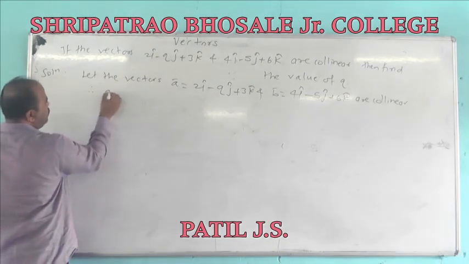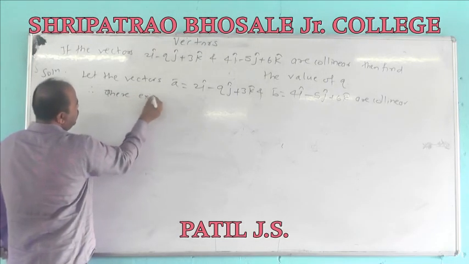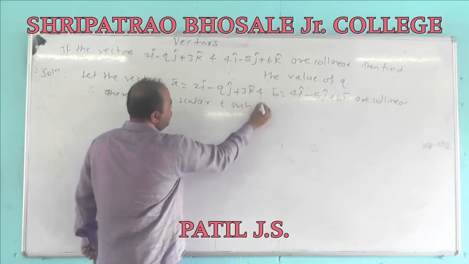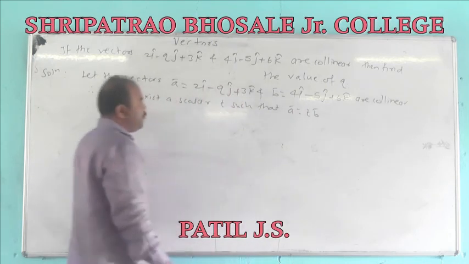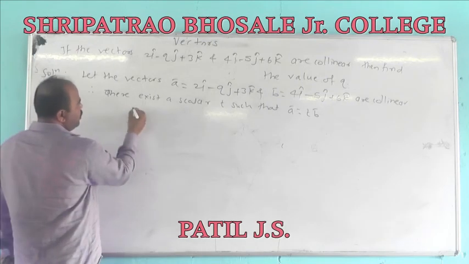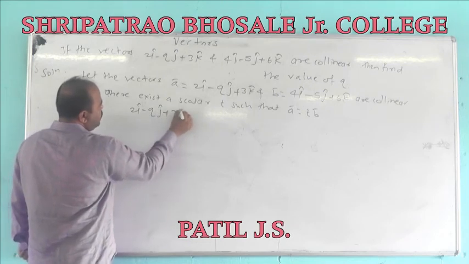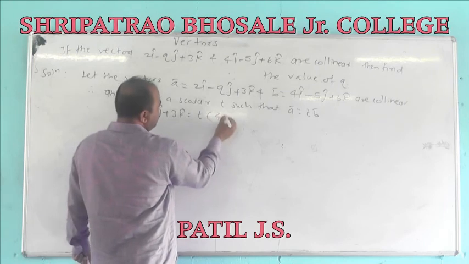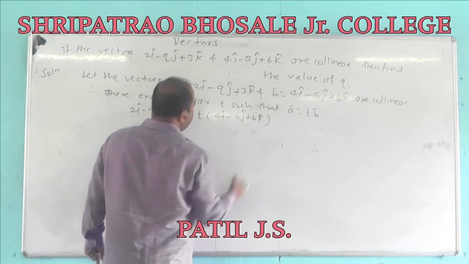Therefore, there exists a scalar t such that a bar is equal to t into b bar. Therefore, 2i cap minus q j cap plus 3k cap is equal to t times (4i cap minus 5j cap plus 6k cap).